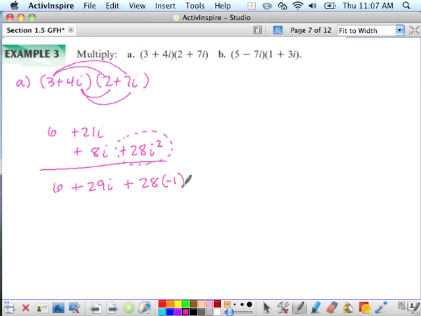But because of the order of operations, we have to multiply before we add and subtract. So this whole piece right here becomes minus 28. Be really careful with that. 6 plus 29i minus 28 for a grand total of negative 22 for the real part and positive 29i for the imaginary portion.